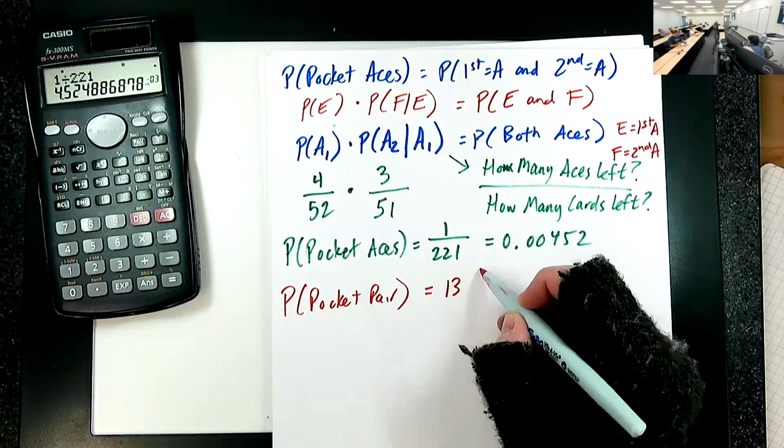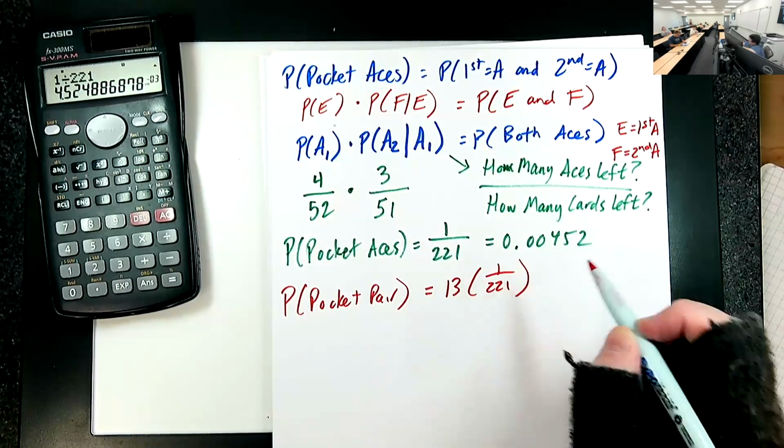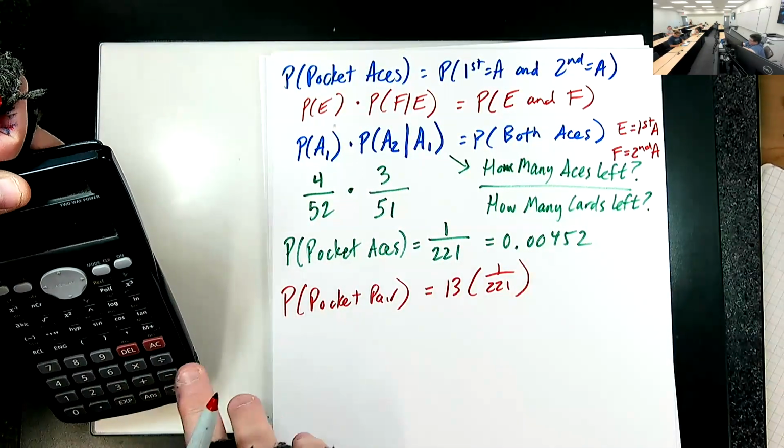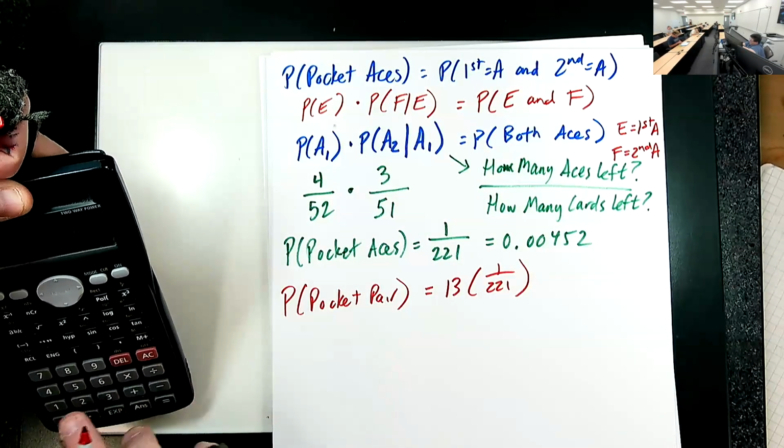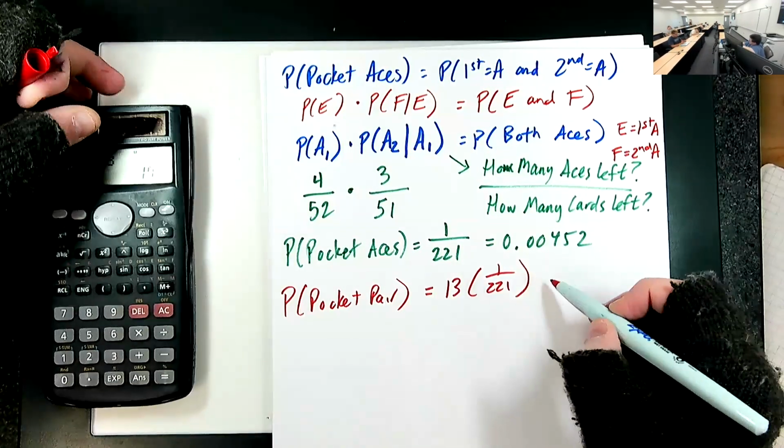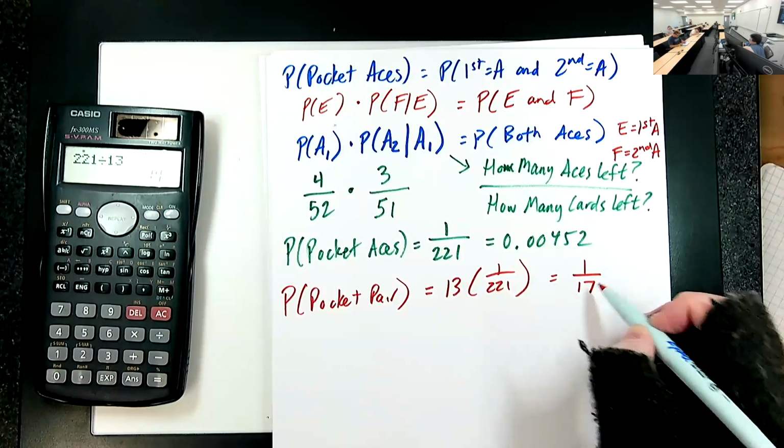There's 13 different outcomes. I can do 1 over 221 on both, or all of them. Is 221 divisible by 7 or 13? It is. This simplifies to 1 over 17.